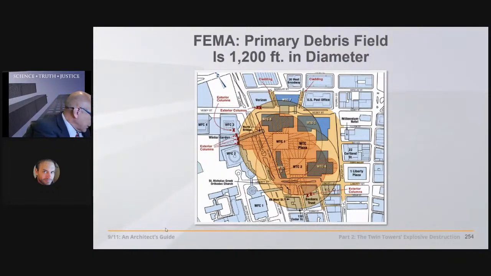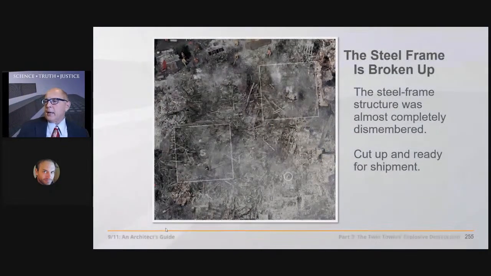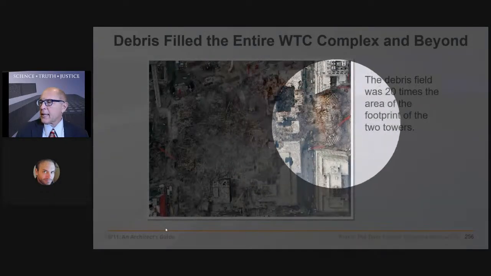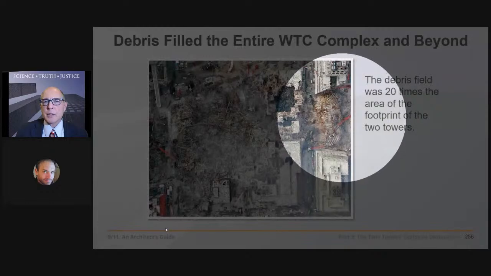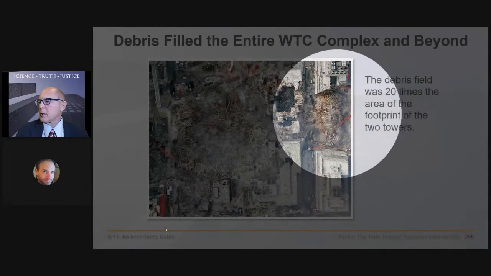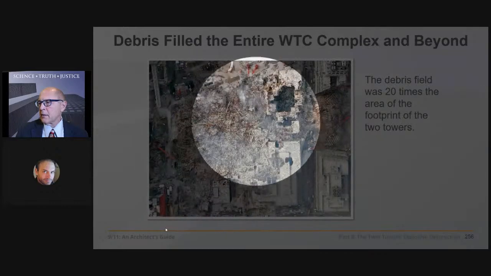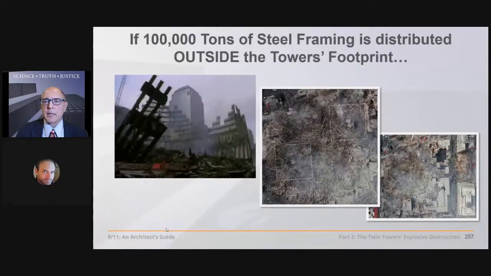Hang on one second. I'm going to show you the winter gardens coming up. Most of this steel is outside the footprint of the building. It's broken up, ready for loading and shipment. Building 7 was a nice, neat implosion, classic controlled demolition, versus the very explosive event that we see in the World Trade Center Twin Towers.